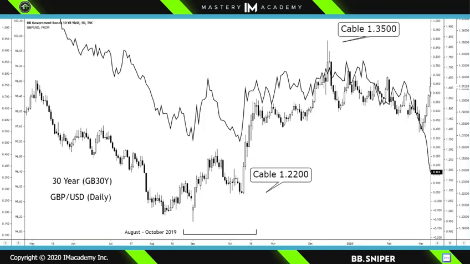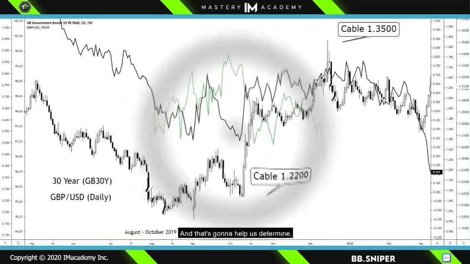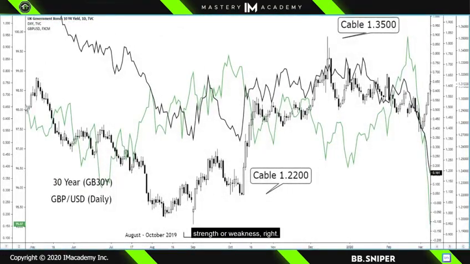I do like looking at euro and comparing that to dollar index more than I do with GBP USD, but that doesn't mean we just exclude cable from future studies. So once we understand that divergence is there on the yields, we can go in and study what the dollar is doing as well. And that's going to help us determine strength or weakness. That's relative strength analysis.